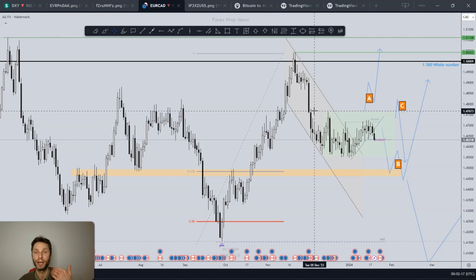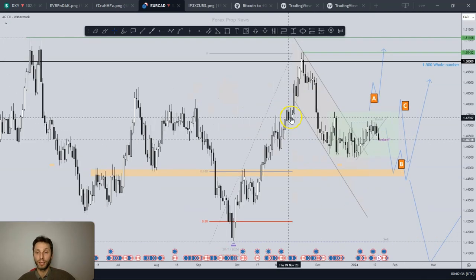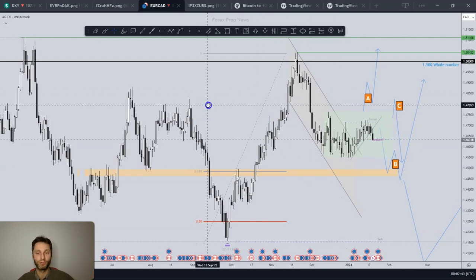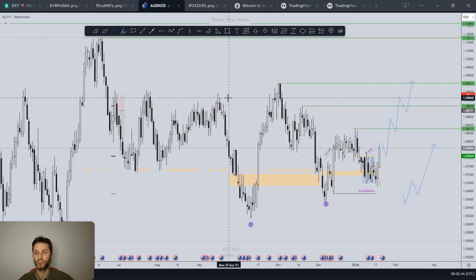So if you struggle with identifying direction, it's probably because you are going chart to chart, time frame to time frame, and don't have a clear direction for your week or for your day. And because of that, you get a bit messed up and confused. You can see how much confusion it saves just by waiting and knowing what we're looking for and then waiting for that to happen. And if it doesn't happen, it doesn't happen.